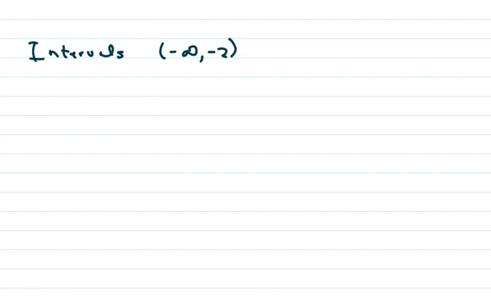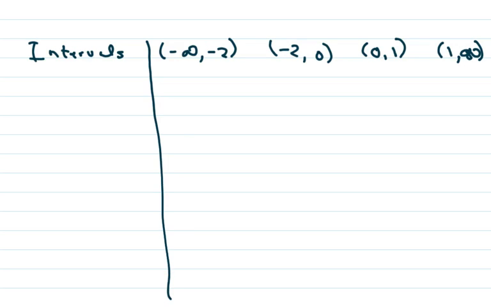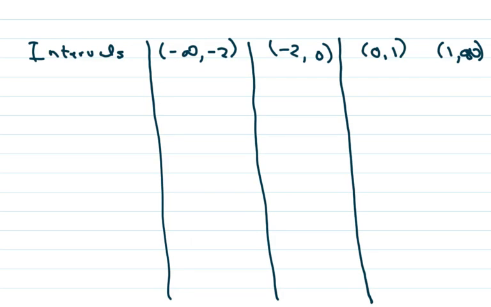Then I'm going to go from negative 2 to 0, then 0 to 1, and then 1 to infinity. So basically, I'm picking my vertical asymptotes, and I'm also picking my horizontal asymptote, y equals 0.